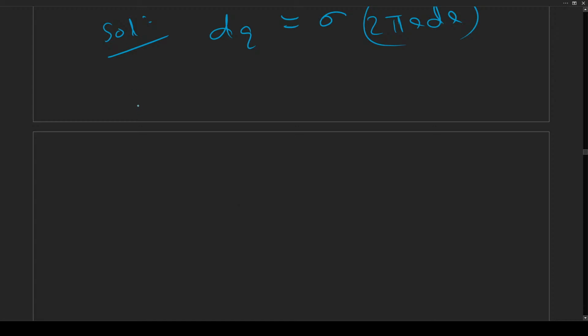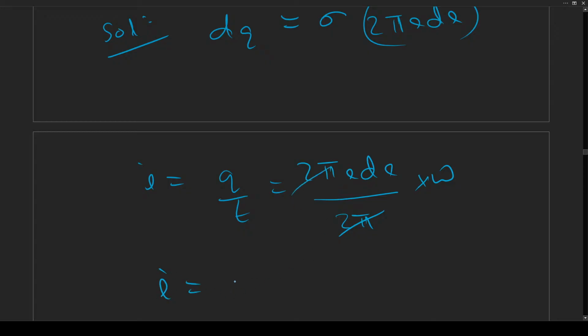Based on this we will get I, which is equal to q by t, which is equal to sigma 2 pi r dr by 2 pi by omega, which gives I equal to sigma omega r dr.